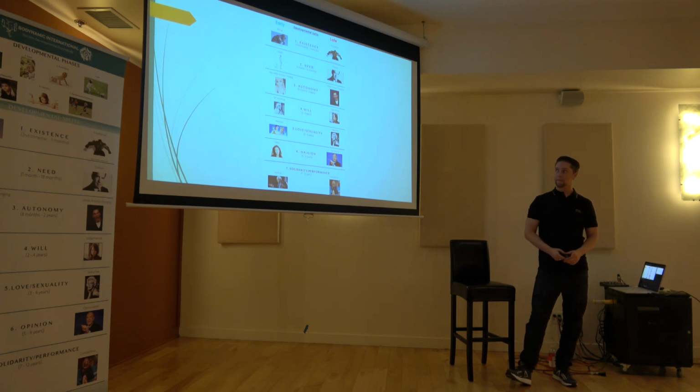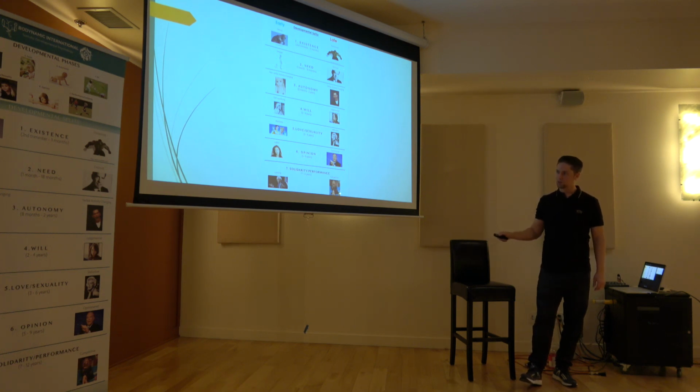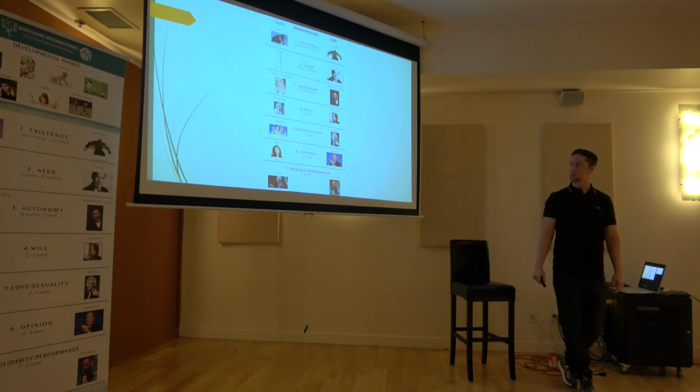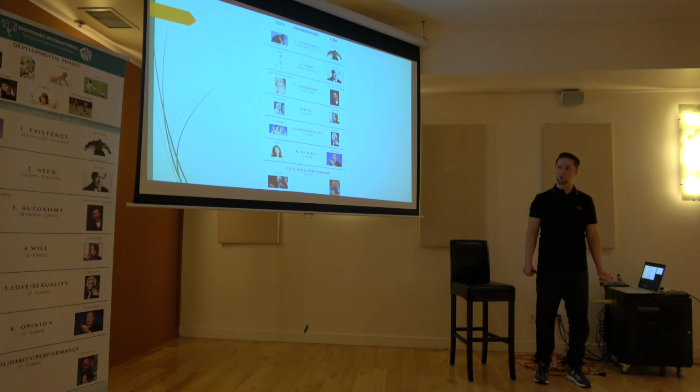So all these character structures here on the left are the early ones, and all the character structures on the right are what we call the late ones, or the hyper-responsive ones. And so the Bodynamic Somatic Developmental Psychology model is really a model of character development, which is different and distinct from personality development.